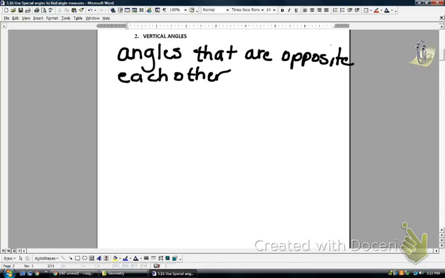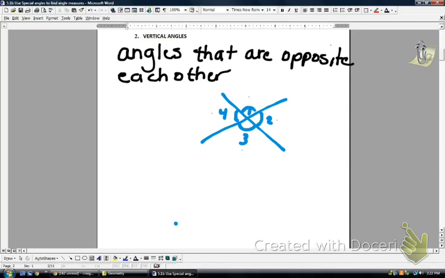Our next vocabulary word is vertical angles. Vertical angles are angles that are opposite each other. So pause the video and write down the definition, and then we'll do an example. So here is my example, and I've just done two lines that cross that make angles, and then I've labeled them angle 1, angle 2, angle 3, and angle 4.